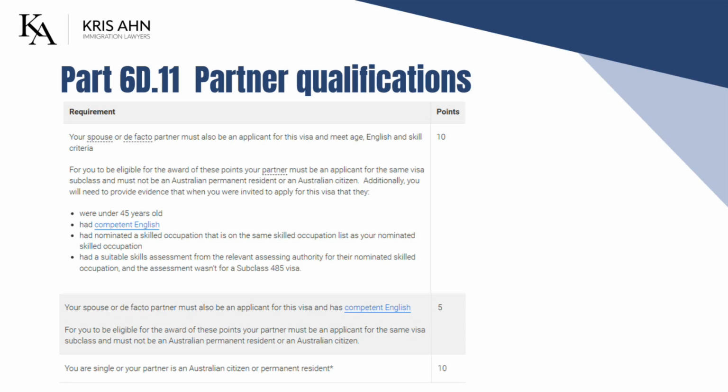If they are, you can get another 10 points. And honestly, that person could also put in their own EOI. If they've got a skills assessment, they could put in their own EOI and you could claim 10 points in one another's EOI. So a lot of people who come here seeking to lodge an EOI and who have a partner, I usually say, take this two-prong system and do that so that you don't lose points.